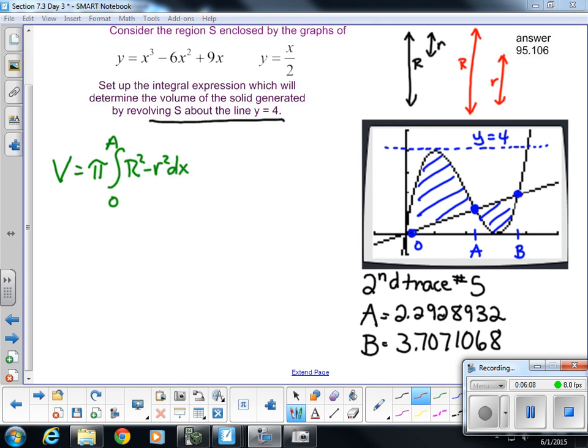And then we're going to add to that the second area, which is pi times A to B of another r squared minus r squared dx. All right, that's our basic general setup.